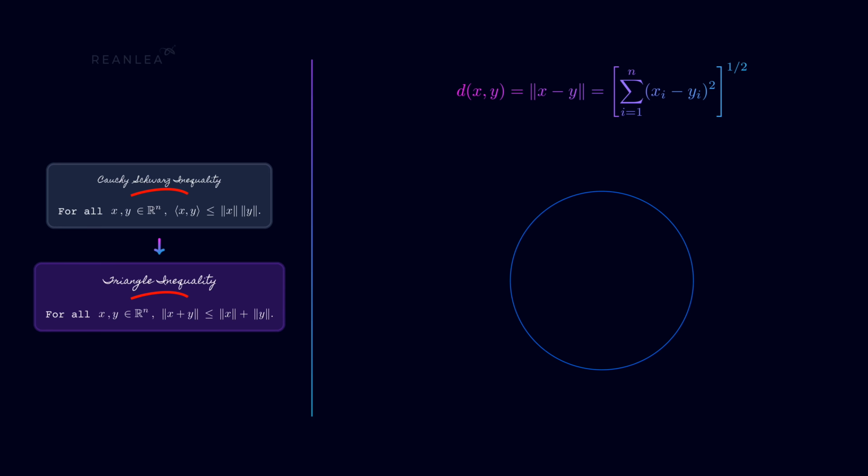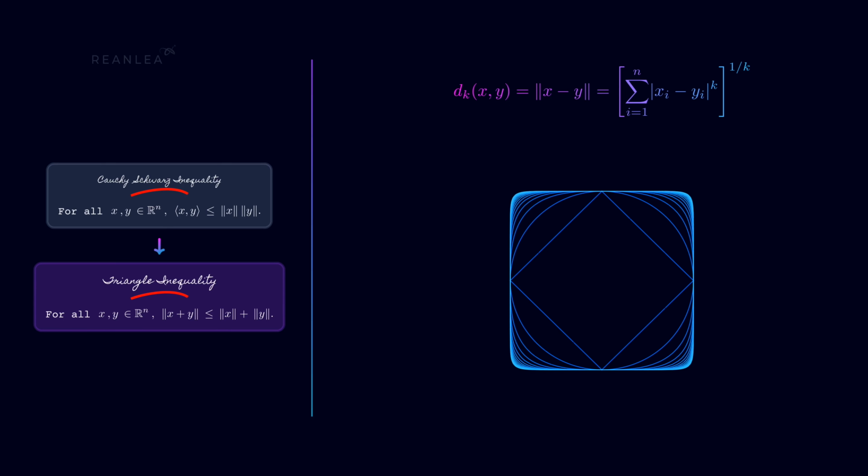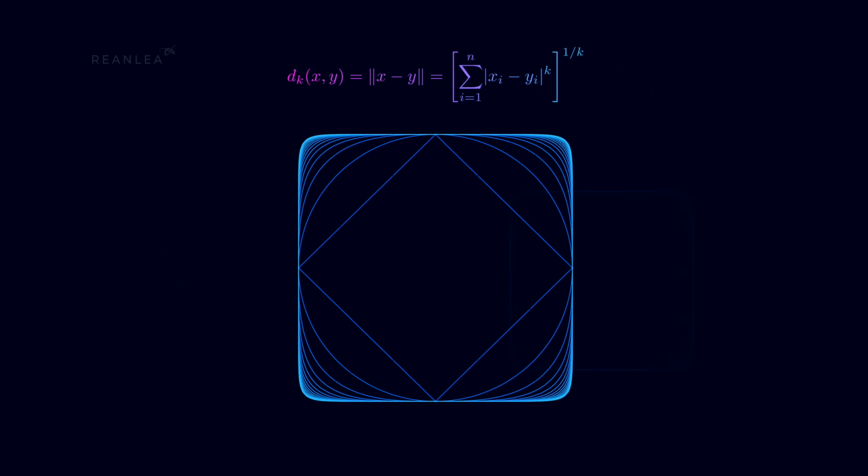And further generalizing this distance function, we get some other metrics which are defined as d_k of x, y like this. And corresponding to these metrics, the unit balls in R2 are here. And you can simply visualize that the larger the value of k, the more the unit ball resembles the square of unit length. And from here, you can think something about the metric d infinity.